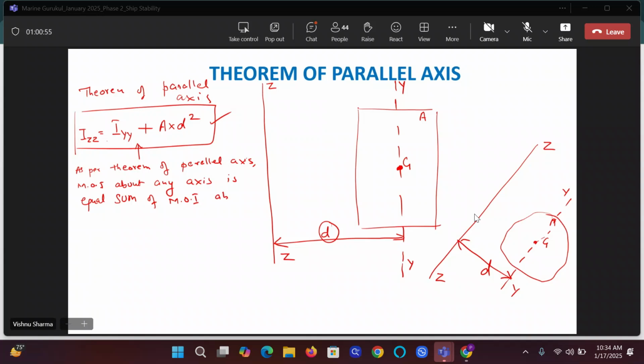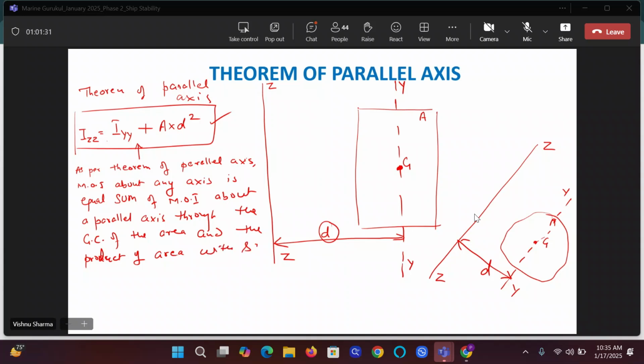MOI about a parallel axis to the geometric center of the area, which is that axis in our diagram, YY, and the product of area with square of distance between the parallel axes.